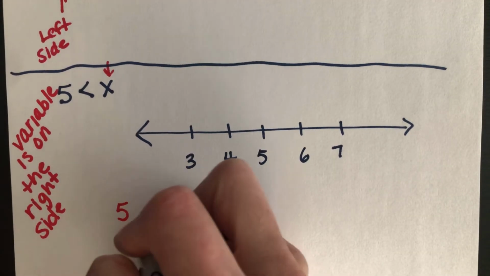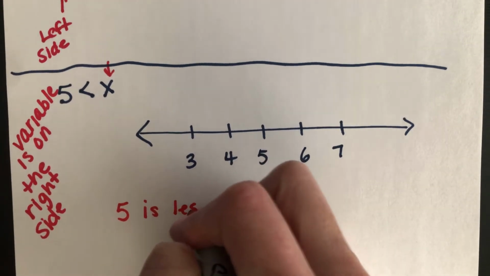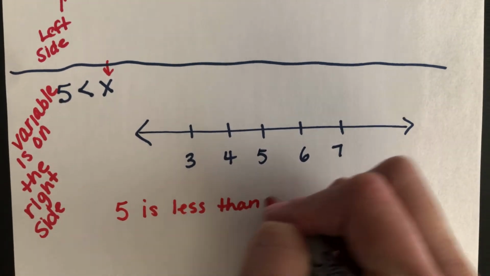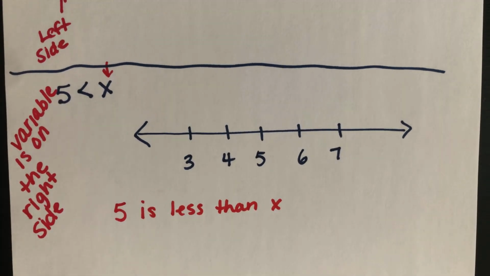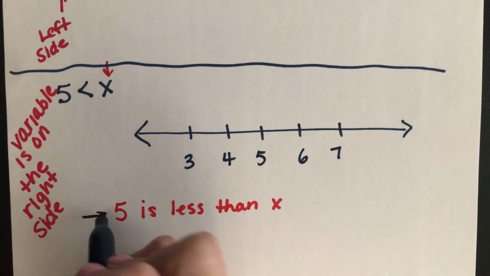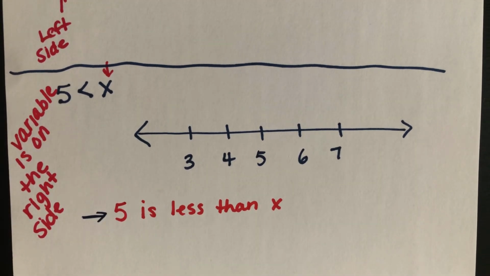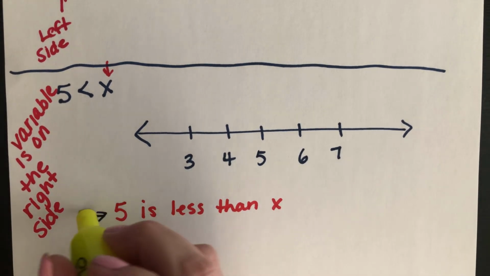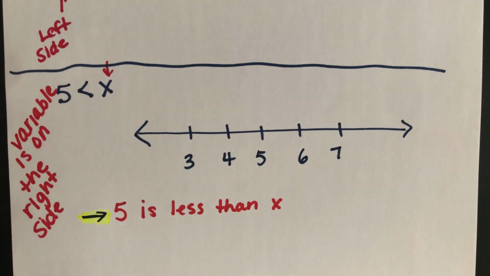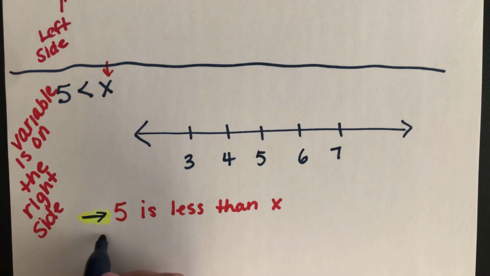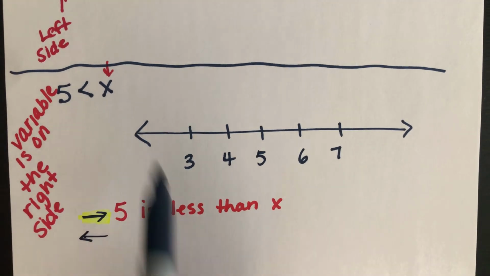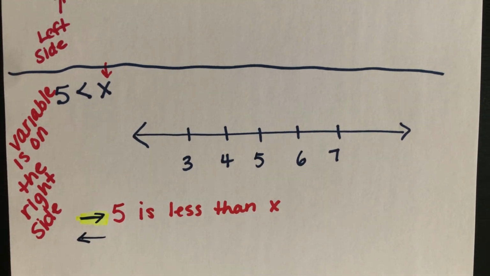So I would read it as 5 is less than x. And again, I'm reading that just left to right, like you would a book. But when we're trying to graph an inequality, you need to start with the variable.